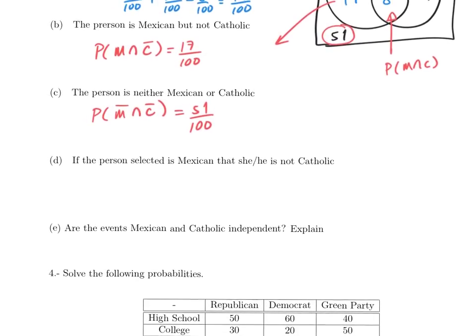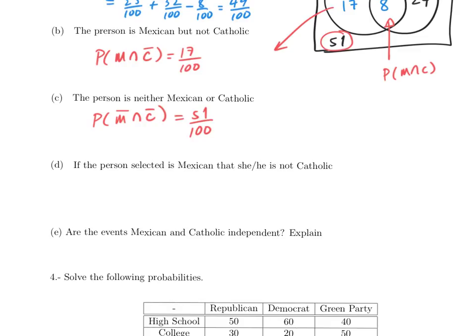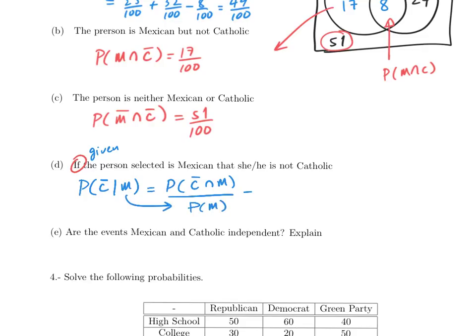Part D is conditional probability, because it starts with if. Remember that this means given. So it says given that the person is Mexican, what's the probability that the person is not Catholic? You use the formula. This is not Catholic and Mexican, divided by the probability that is Mexican. Remember, this goes down.